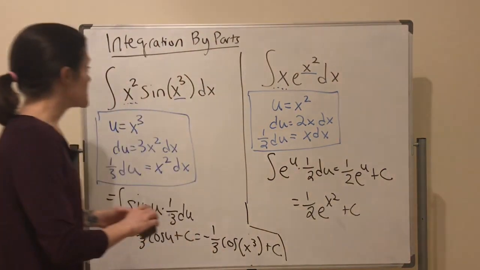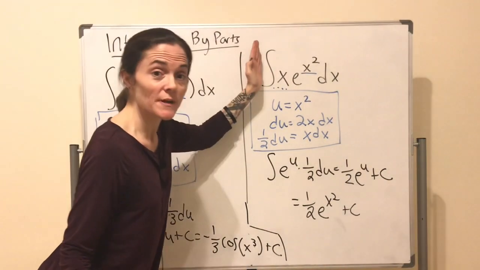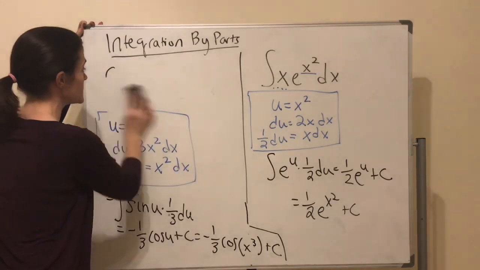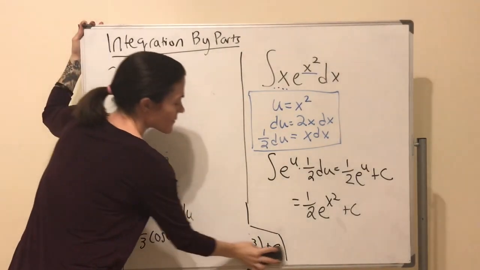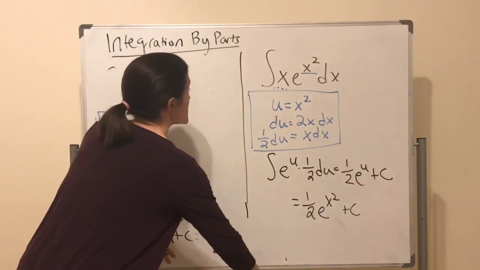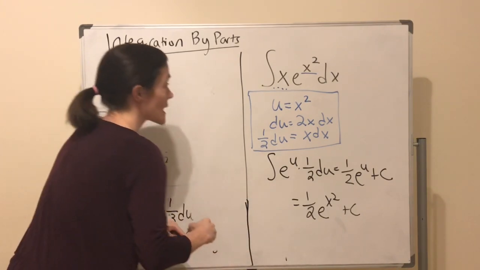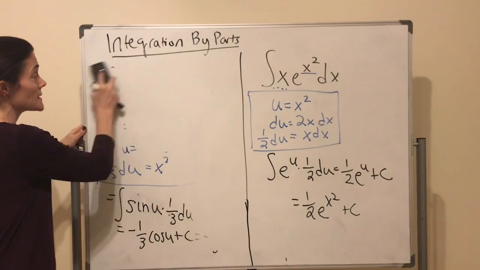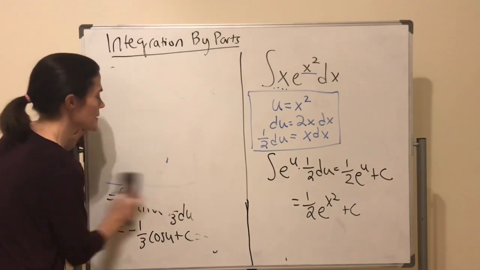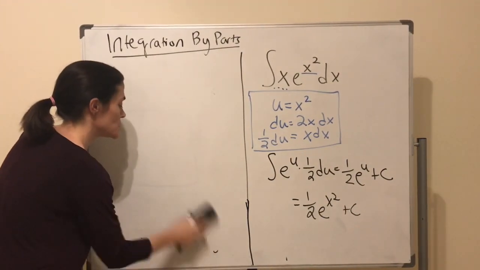Okay, but let me change this one over here a little bit. So instead of having x e to the x squared, I'm going to change the integrand just slightly.